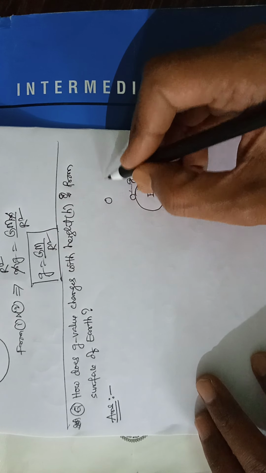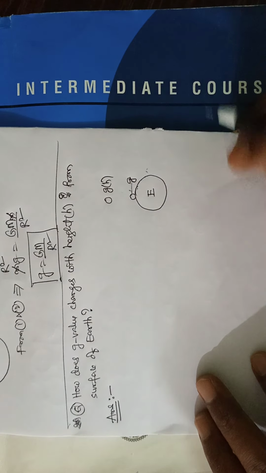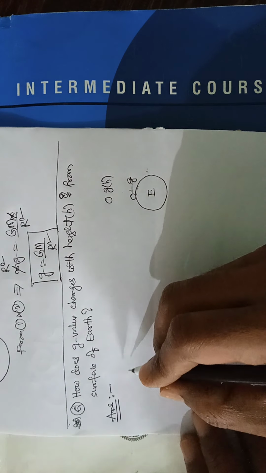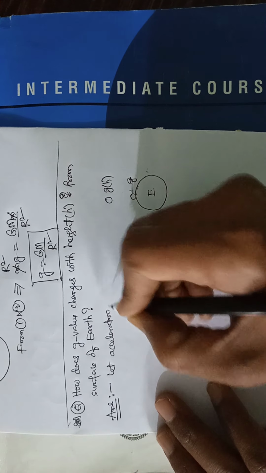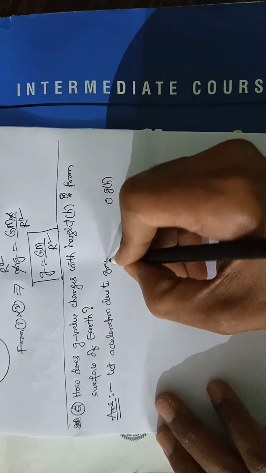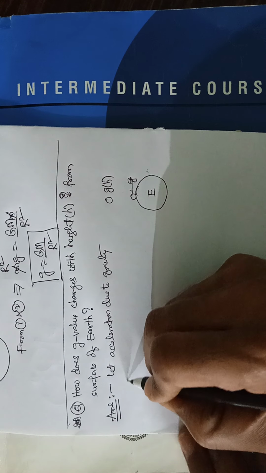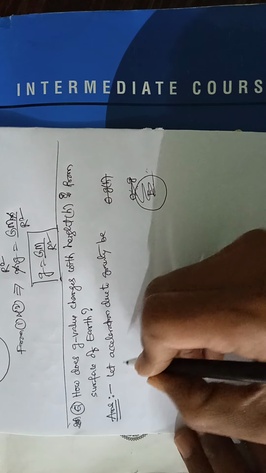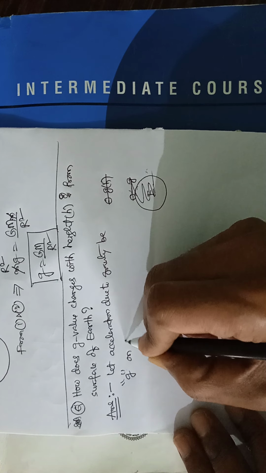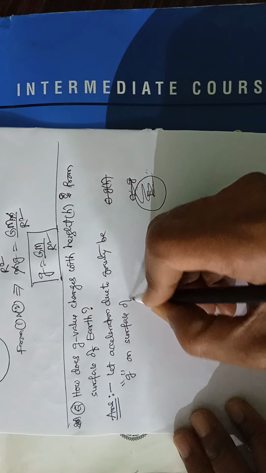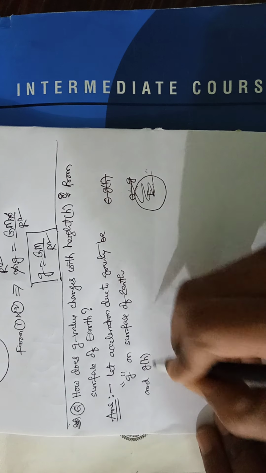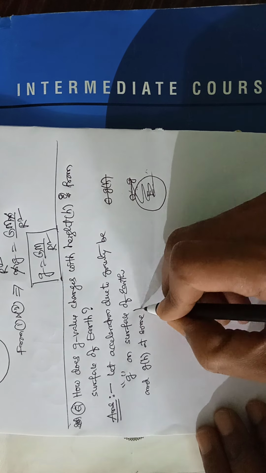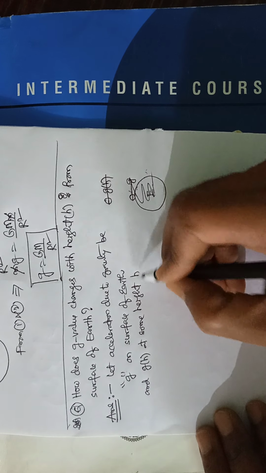At some height h, the acceleration due to gravity is gh.